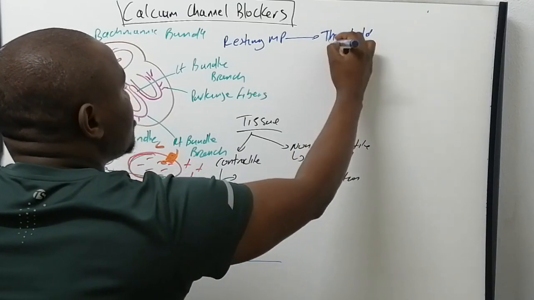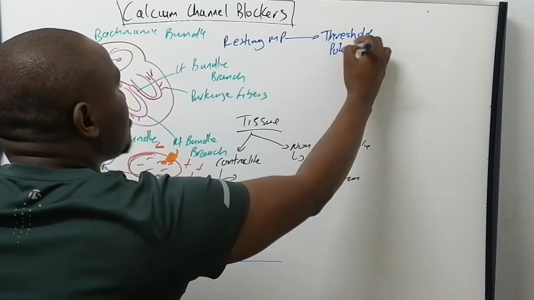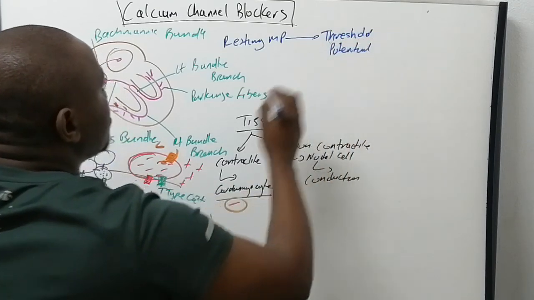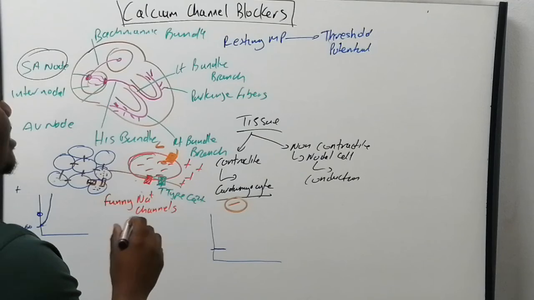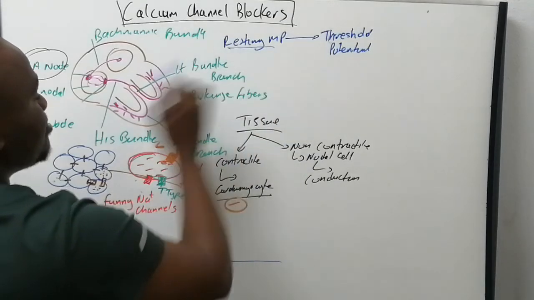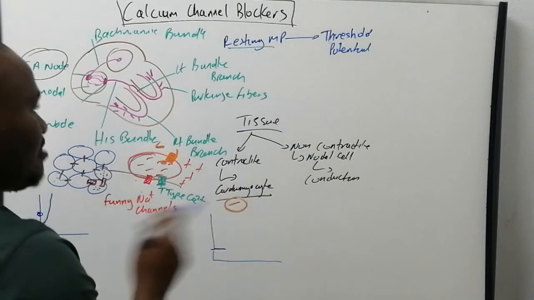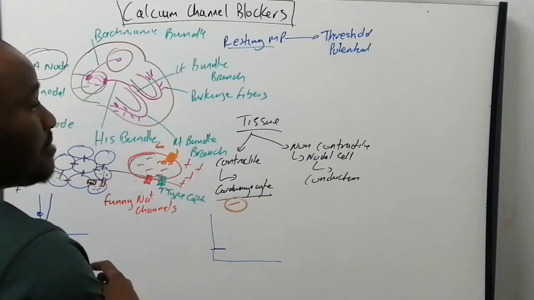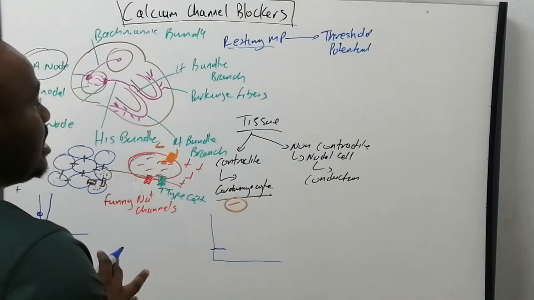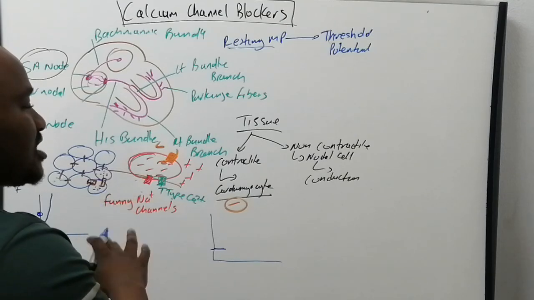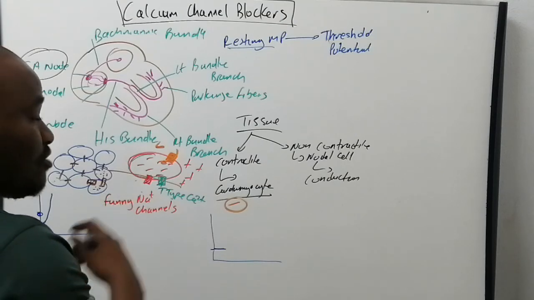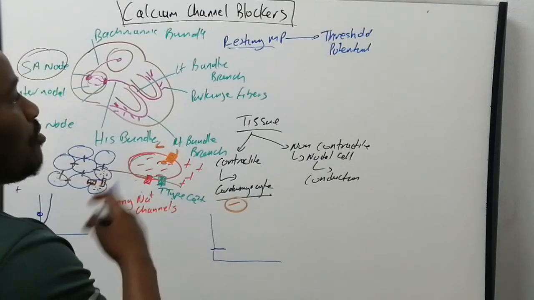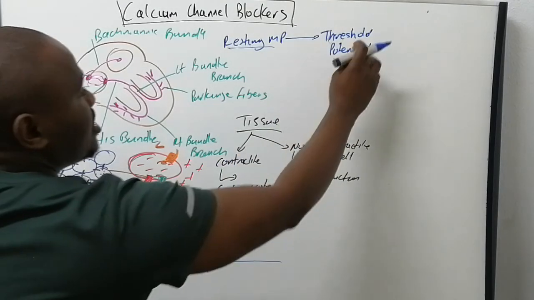As long as you are just getting a few positive ions coming in, and those positive ions are not a lot, you won't get to a threshold potential.